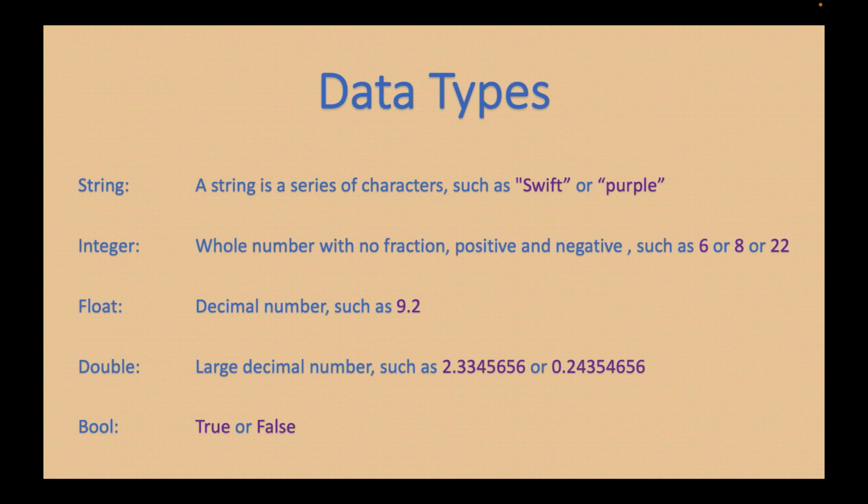Double data type is nothing but a float, but it's a larger decimal number like 2.334565, 0.24354656, something like that. And last but not least is the boolean data type, which stores only two types of value. Either it can be true or it's false.